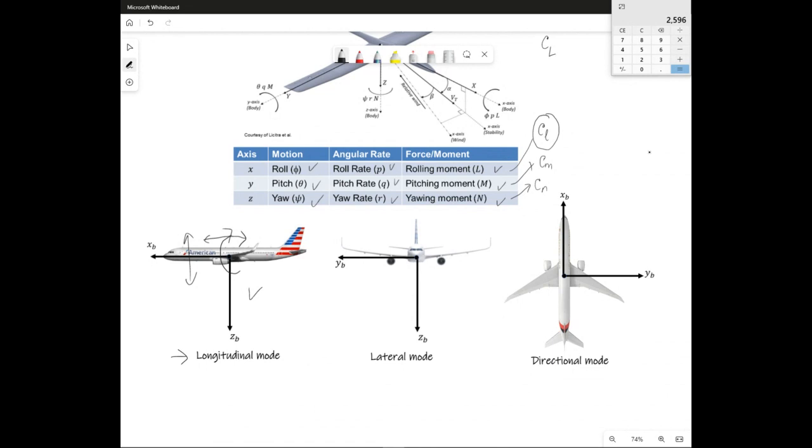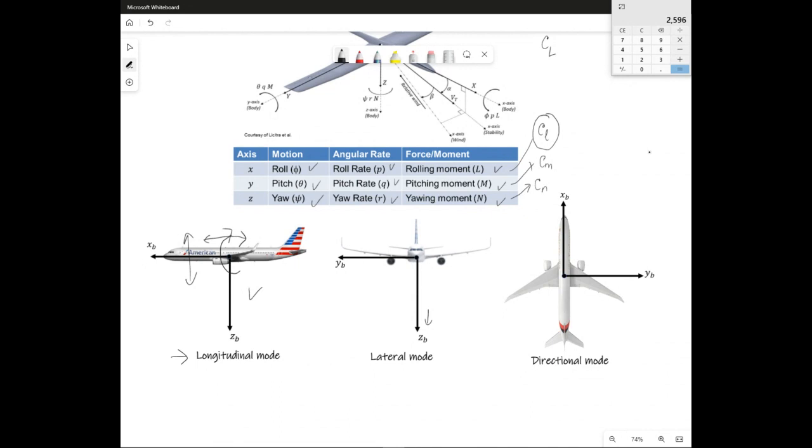Now, if you look at the aircraft from the front view, that is your Y body axis and that is your Z body axis, and this is what we call the lateral mode or lateral stability mode.